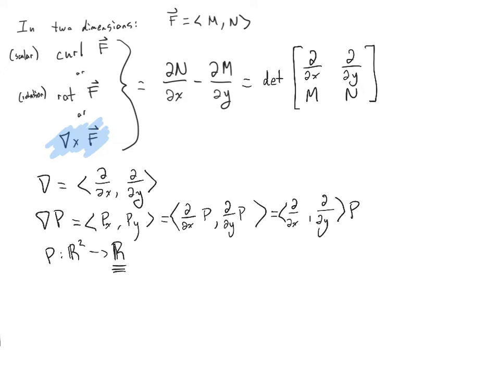So you should read this as really nabla, which is that top row. Let's put a little blue box on that. So it's nabla cross F, and F is this bottom row that's being cross-producted together.